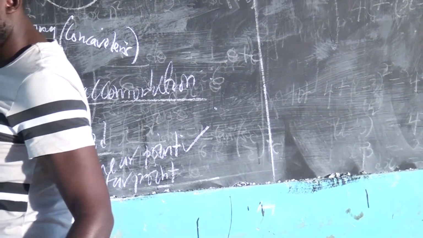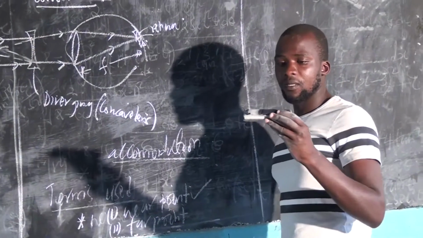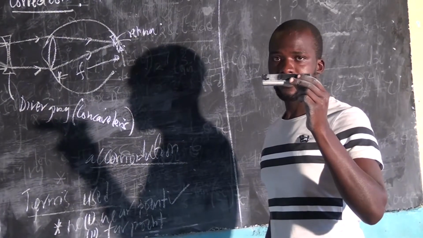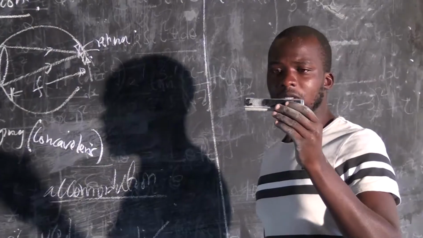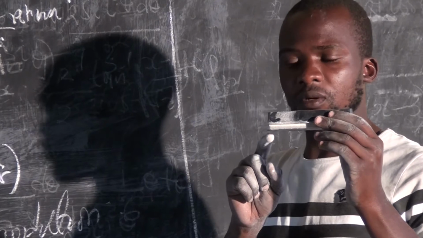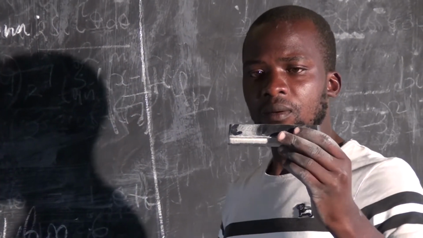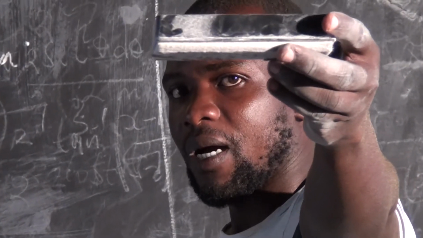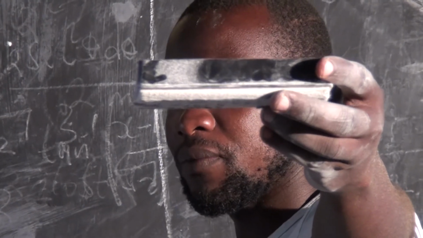Near point. If this is my object, I want to view almost all details on this other object. But when I put it far, I can't view all the object's details well.